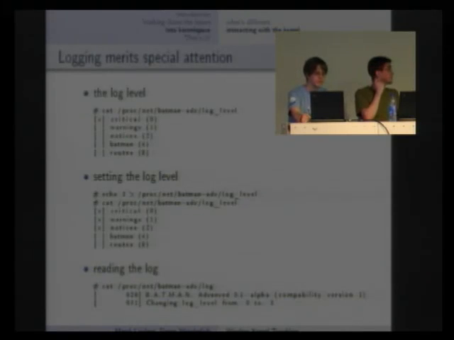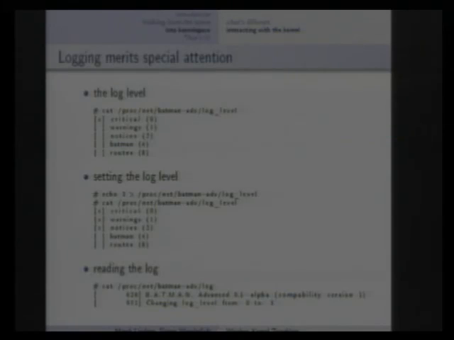So the logging is a bit special because in our user space implementation we had a nice Unix socket where you could connect to the various log levels. It's not so easy in the kernel space, but we provided a log level file where you can change the logging. It's similar to what you know about Linux file system access rights management.